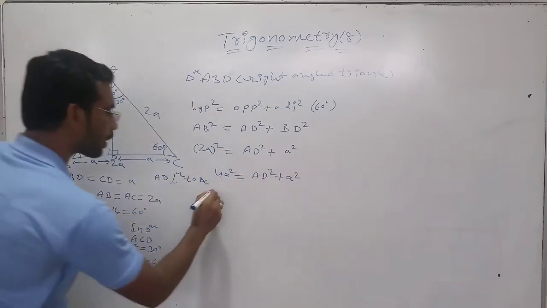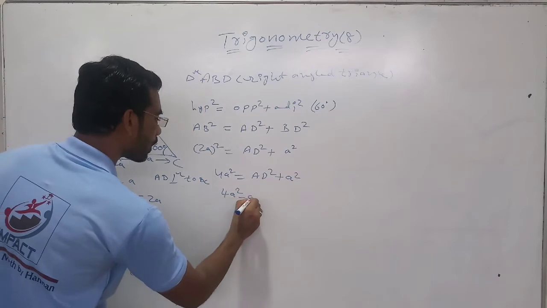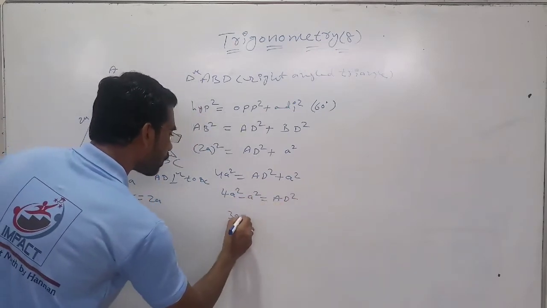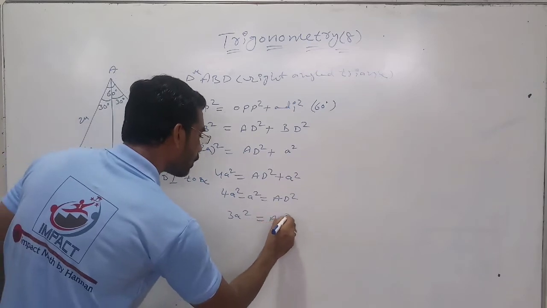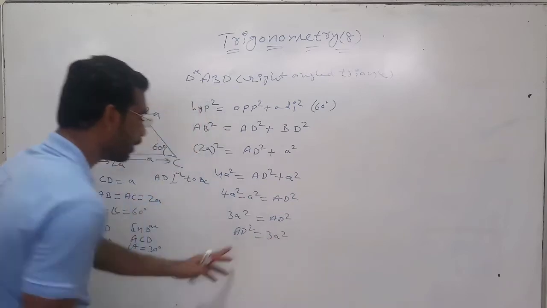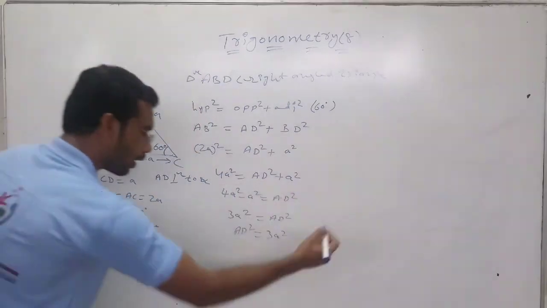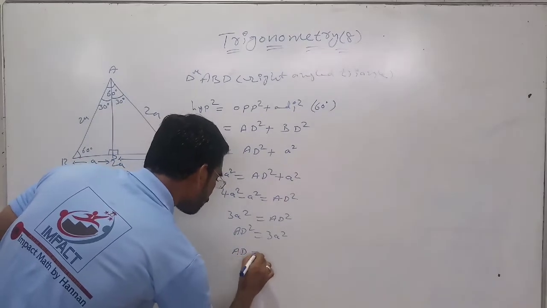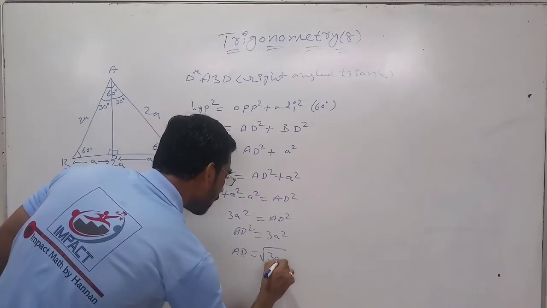Take this a square towards this side. 4a square minus a square is equal to AD square. Now 3a square is equal to AD square. So AD square is equal to 3a square. Take the square towards the right hand side. AD is equal to under root 3a square.